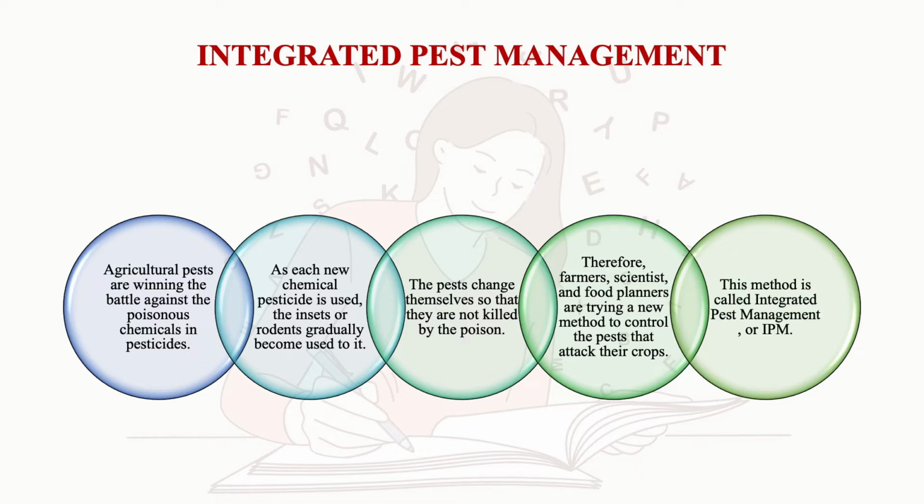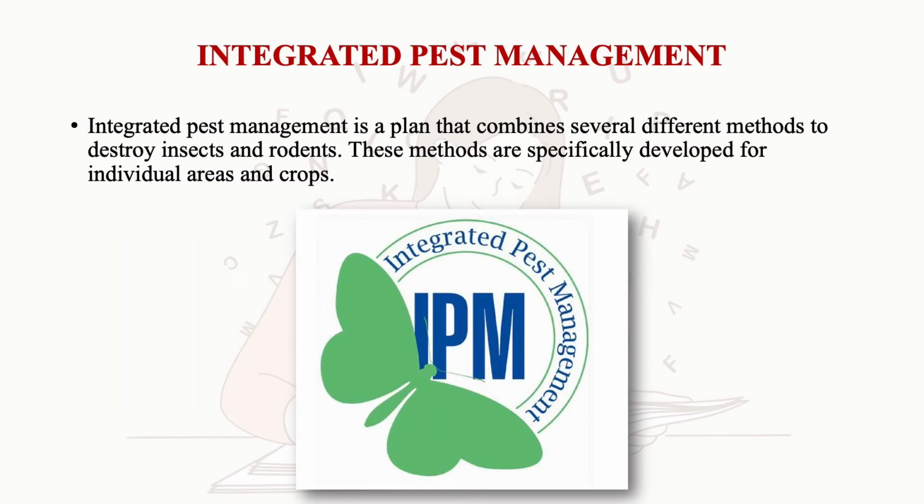This method is called integrated pest management or IPM. Integrated pest management is a plan that combines several different methods to destroy insects and rodents. These methods are specifically developed for individual areas and crops.